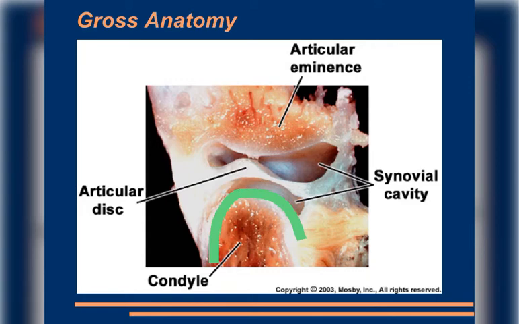The head of the condyle is convex, so it should be concave from the downside. From the upper side, posteriorly convex, anteriorly concave. So we see this area in the center is the thinnest, and the area in the back is the thickest.